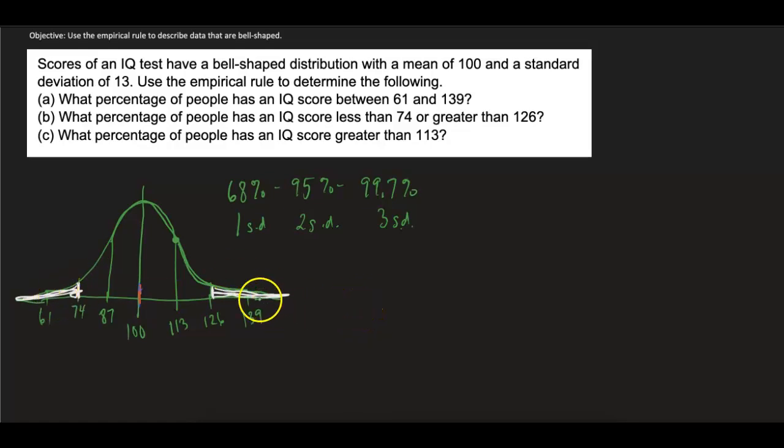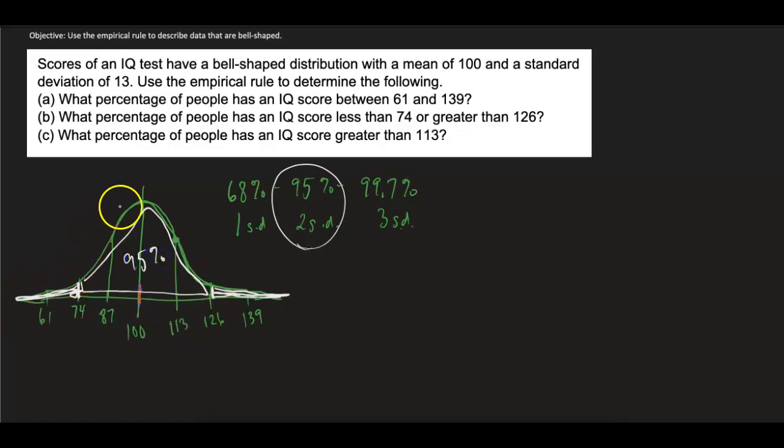Well, I don't have a direct empirical rule value for this area that I've shaded here in white, but I do have a value that represents what's not shaded. This is within 2 standard deviations of the mean. So in other words, this blank space here is 95% of our data.